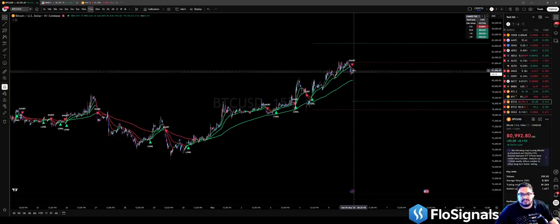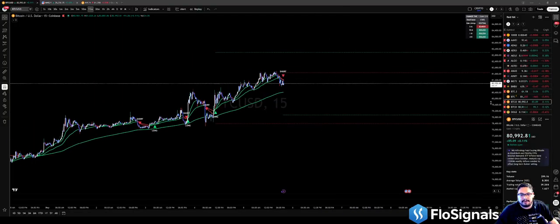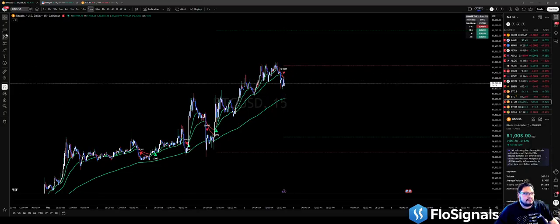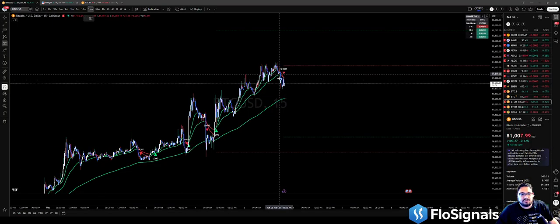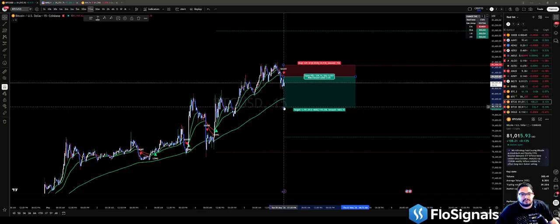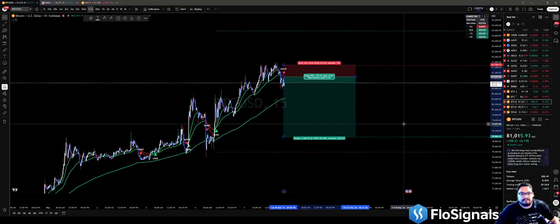So as you can see, we just entered a short here. We respected the cross. Boom, it got rejected. So we are technically now in a short, there to there.